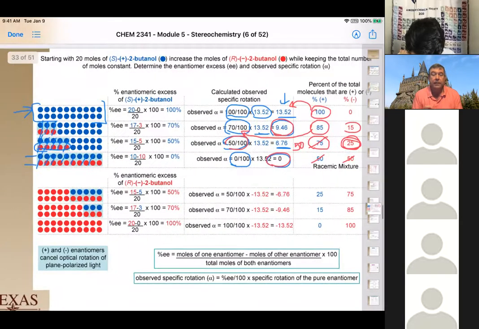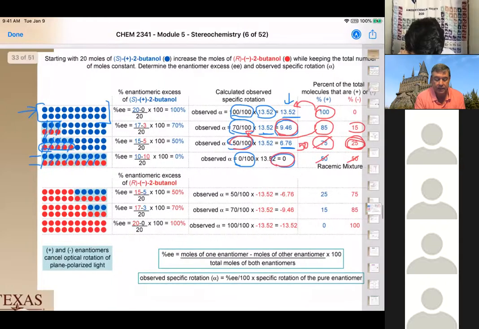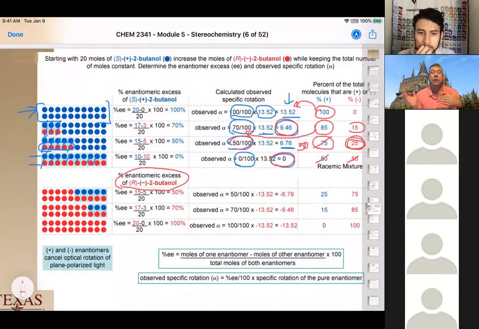So likewise, if we keep adding more and more of our other material, we can do the same thing with our other rotation. In this case, we have our R, so we're looking for a negative rotation. And with half of the molecules canceled out, or 75% being R molecules and only 25% being S, we only get 50% of our measured rotation.